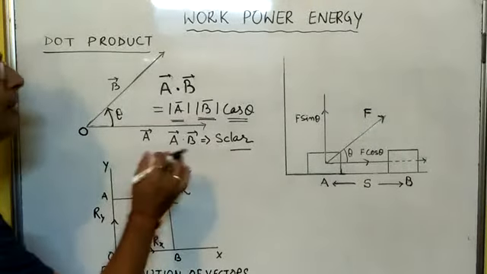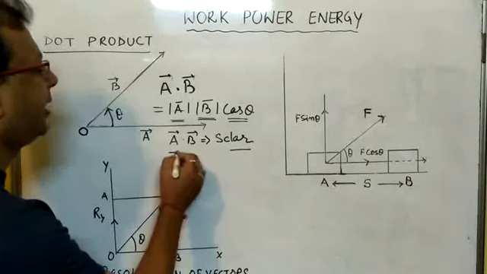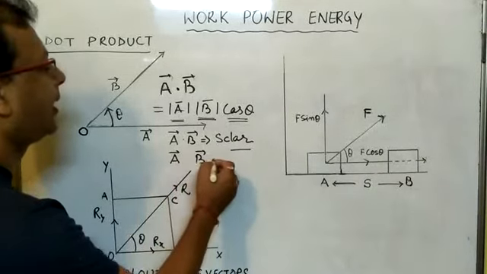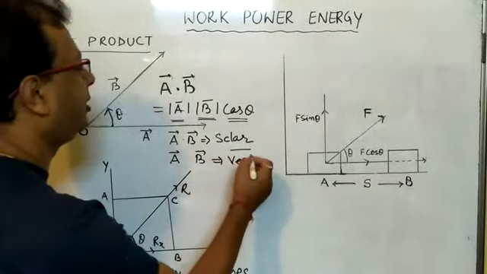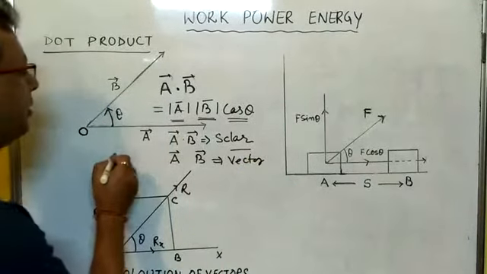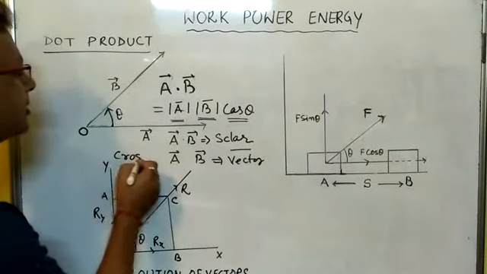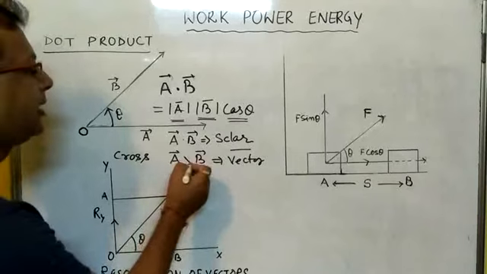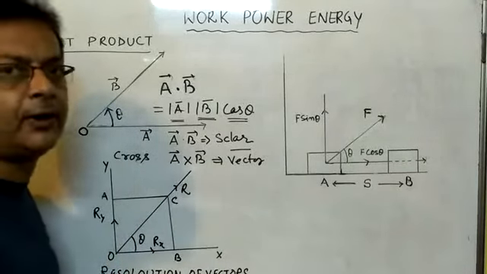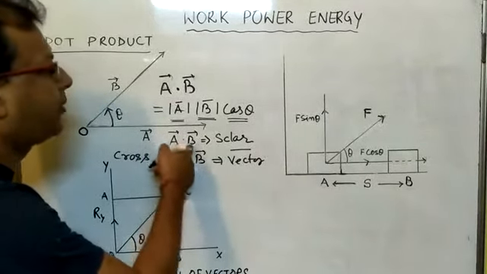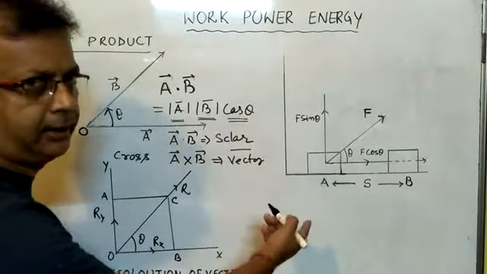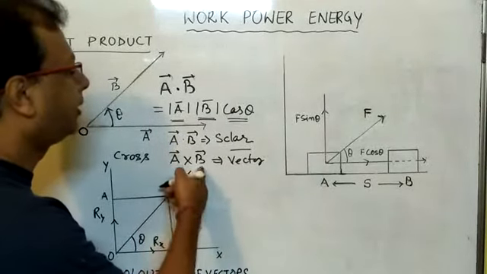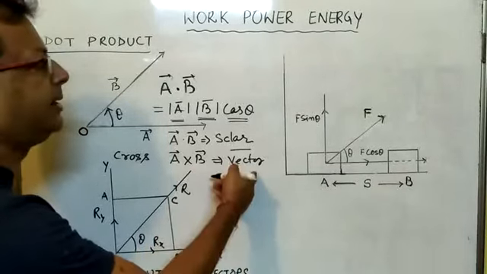If you multiply two vectors, A bar and B bar, and the answer is a vector, then we call it a cross product, and we write it like this, A bar cross B bar. So A bar dot B bar is a scalar and A bar cross B bar is a vector.